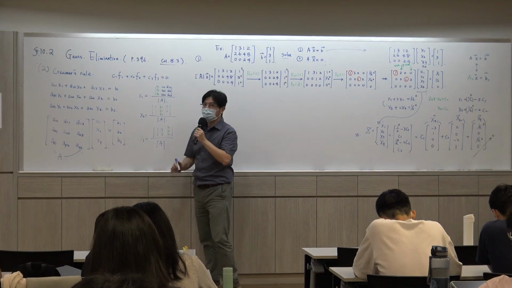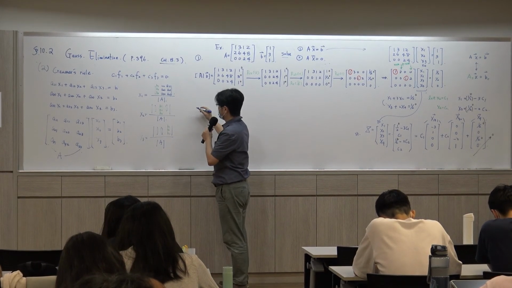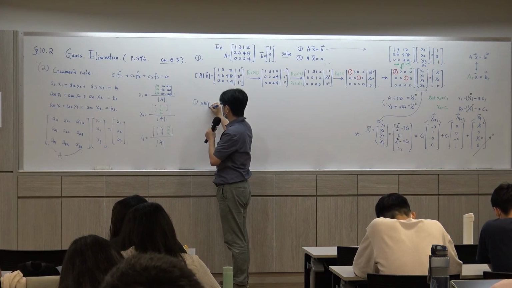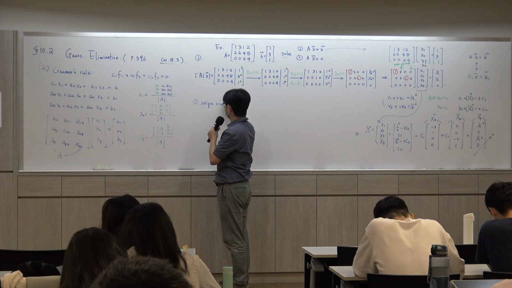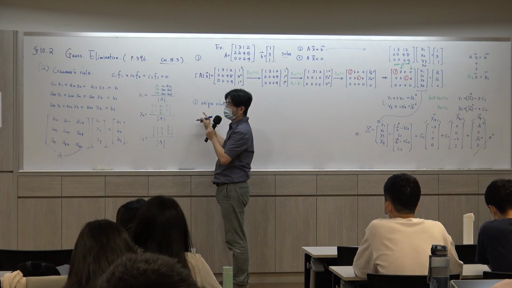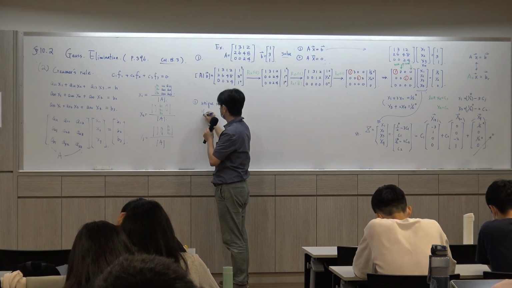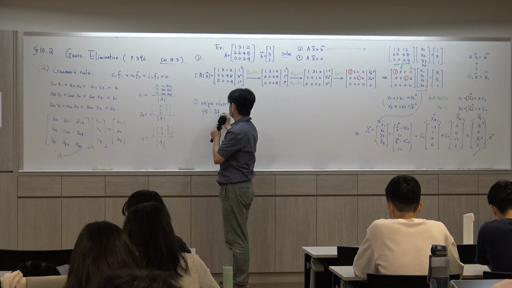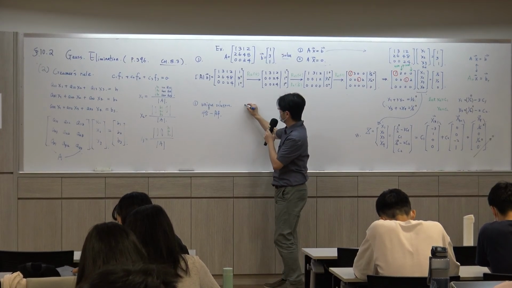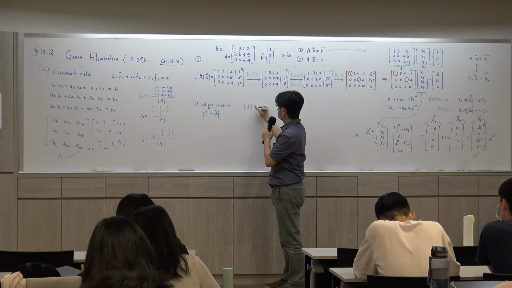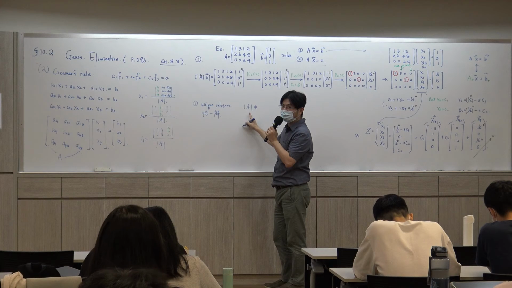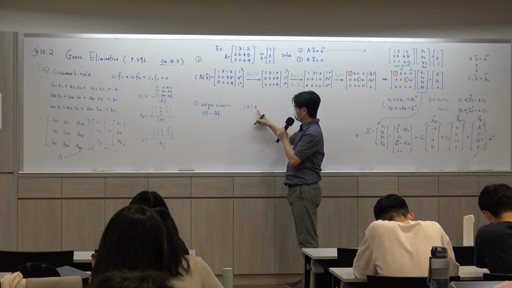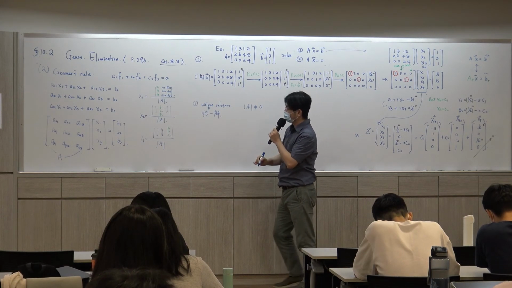So here we will have three cases. The first case, we will have a unique solution, or we call it 恰有一解, if the determinant (行列式) of the coefficient matrix is not equal to 0.